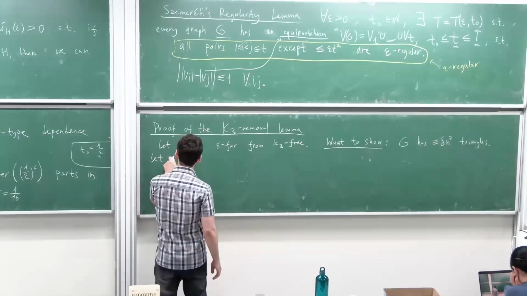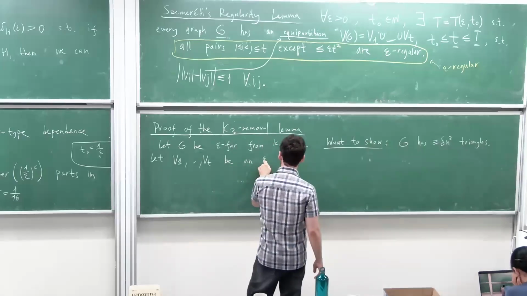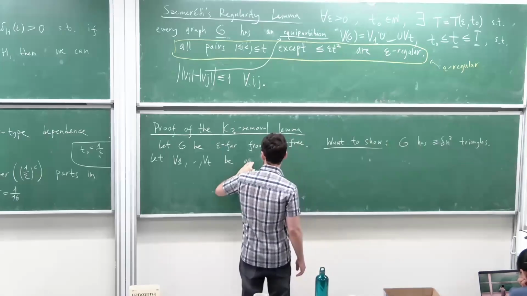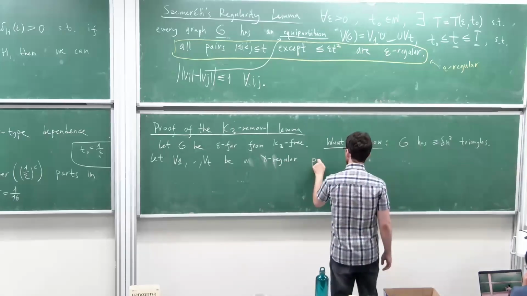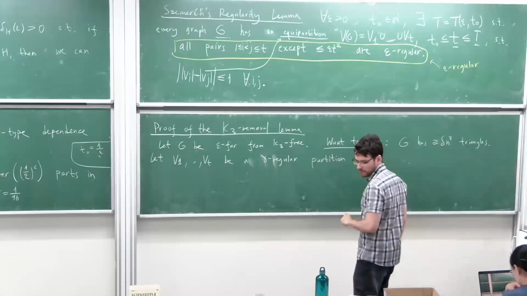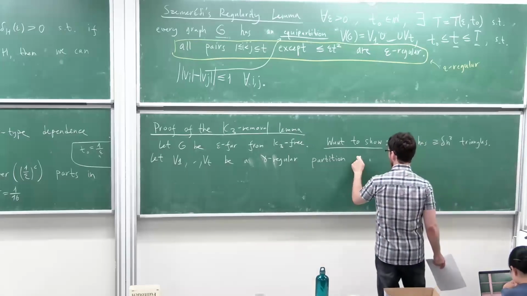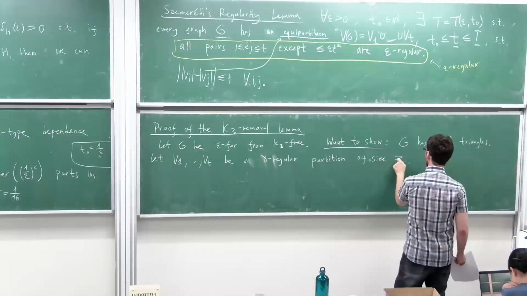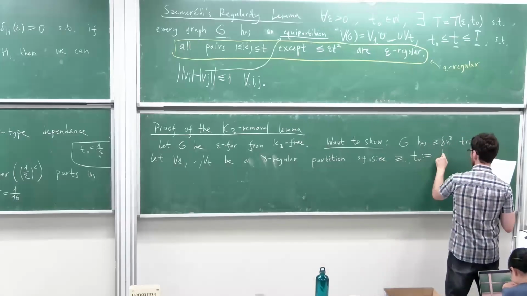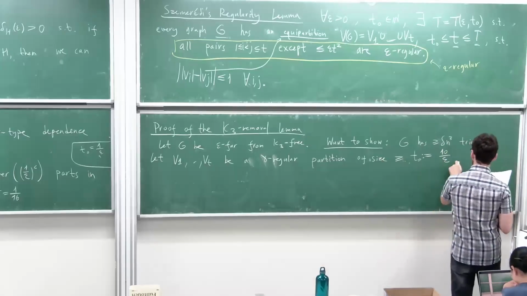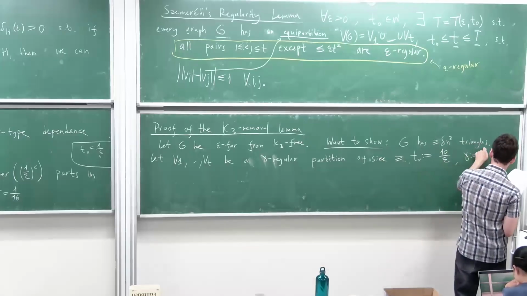So let V1 up to Vt be a gamma-regular partition of size at least T0, where I take T0 to be 10 over epsilon, and gamma I take to be some constant times epsilon over 10.